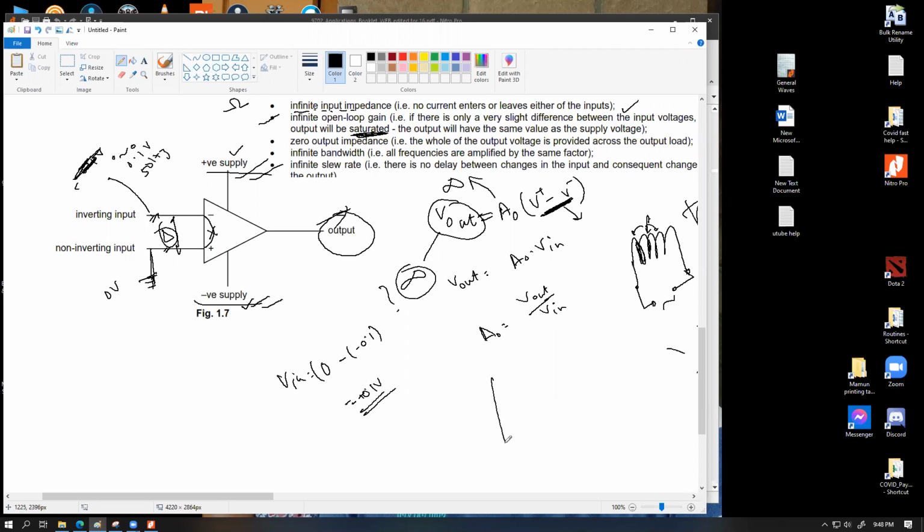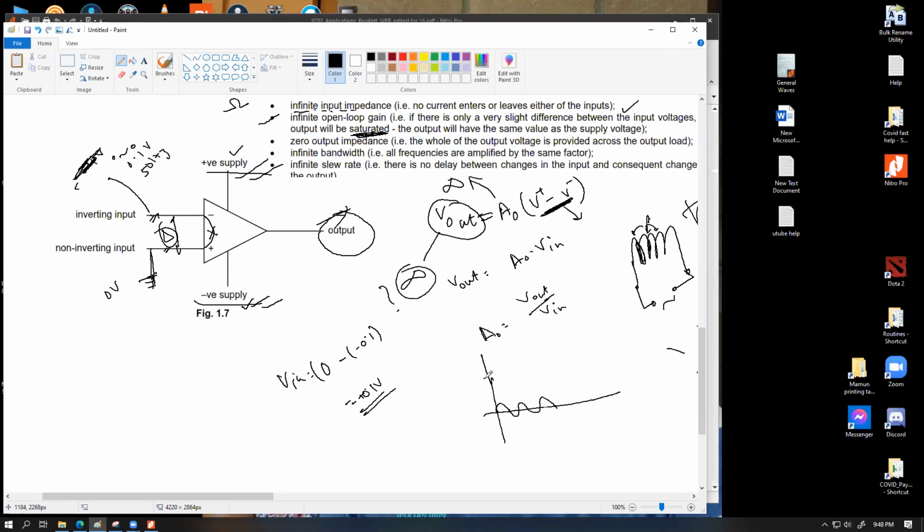So you're going to have a small input voltage. Math tells us that for an ideal op amp, because the gain is infinite, even when this value is something other than 0, the output becomes infinitely big, and when it becomes 0, it should be once again 0, and so on.